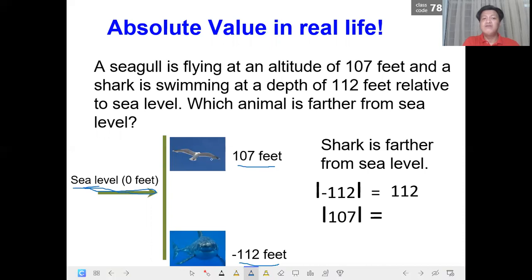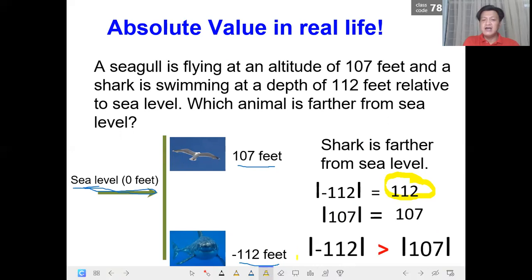Yun yung seagull. Diba? Kaya that is 107. If we are going to compare, sino yung mas malayo ngayon sa 0? So ang sagot natin dyan ay yung 112. Yun yung shark. Kaya nga, kapag kinumpare natin yan, the absolute value of 112 is greater than absolute value of 107. Kaya ang sagot natin dyan is shark.